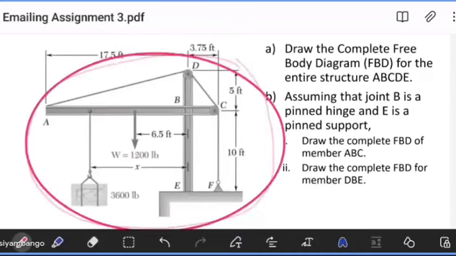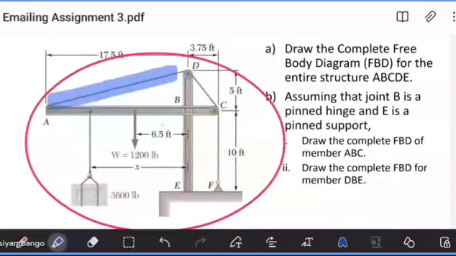When you look at this structure as a whole, you don't see what is inside. What is inside this rope would not be seen. It wouldn't come out as a force. You don't use or look at internal forces. When you're just looking at it as a whole system, you are only looking at external forces.